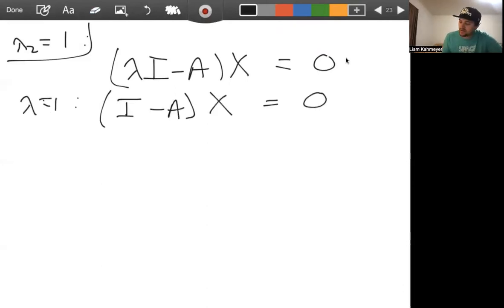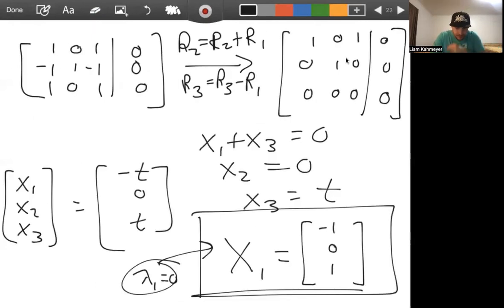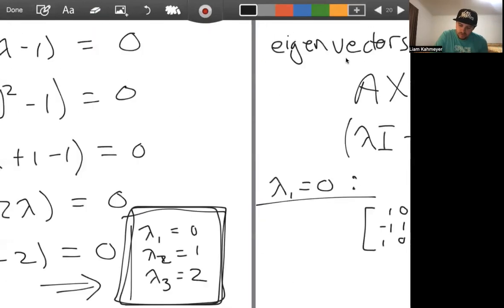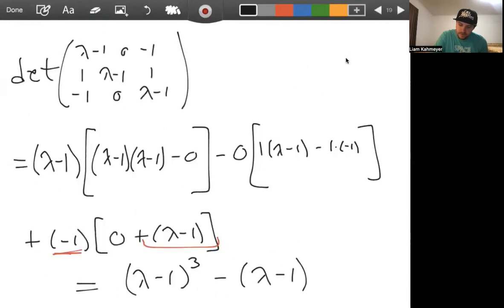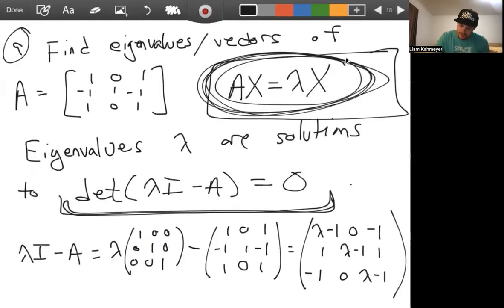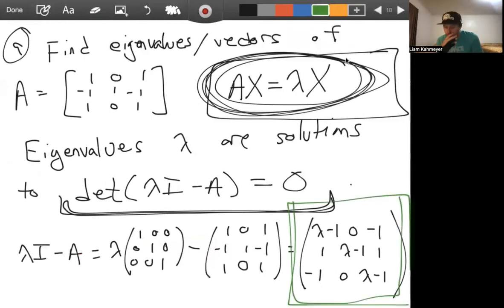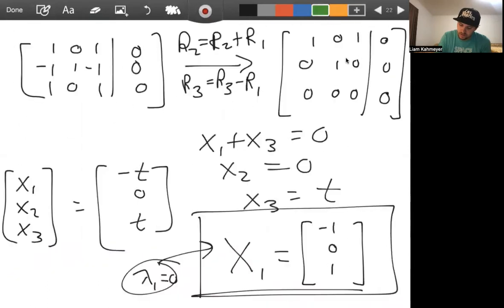We know what I minus A is. You just flip the sign, so we have 0 down the diagonal, right? Or if you'd like, let's come back to where we calculated lambda I minus A. Plug in lambda equals 1 here, right? That gives you 0 along the diagonal, and then you just copy the rest down. So I'll just copy the rest of what we got there.